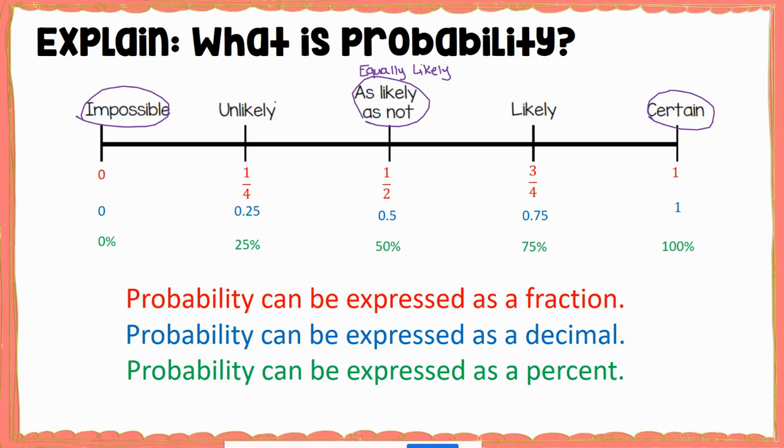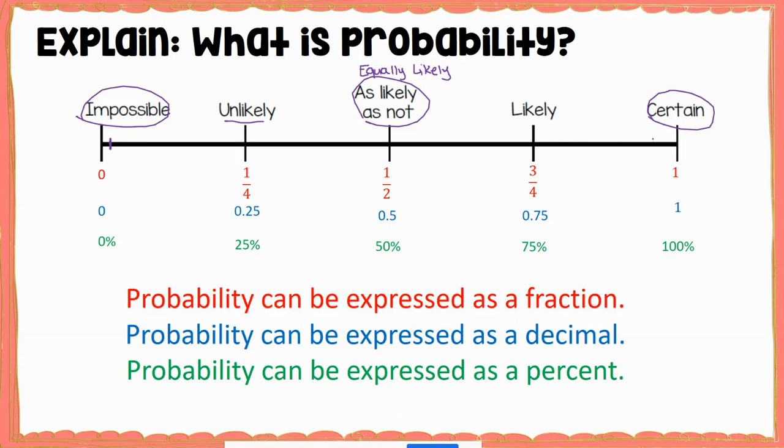The difference is that if something is unlikely, it's going to be any number that is between 0 and 50%. So if I said that I had a 2% chance of something happening, that is not impossible, even though it's very close to it, because it could still happen. If something had a 2% chance of happening, it would be called unlikely.